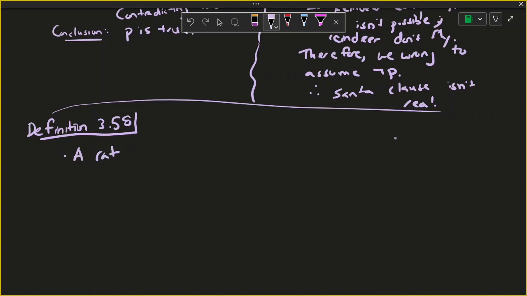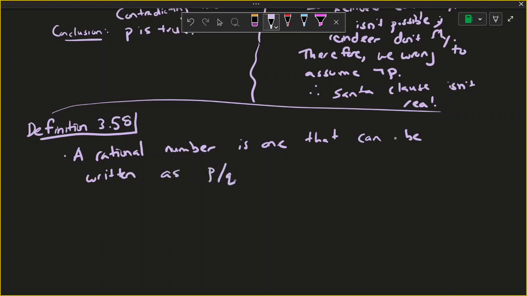A rational number is a number that can be written as P over Q, where P and Q are integers, and the denominator can't be 0.